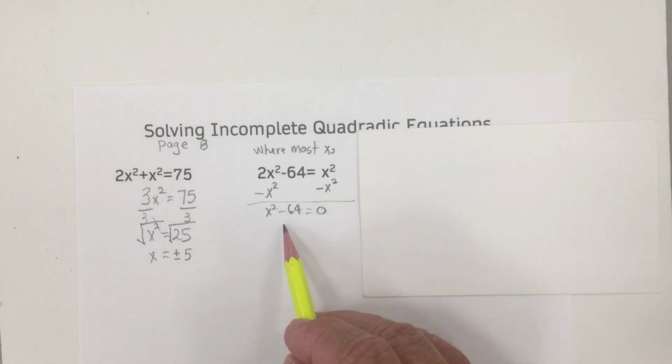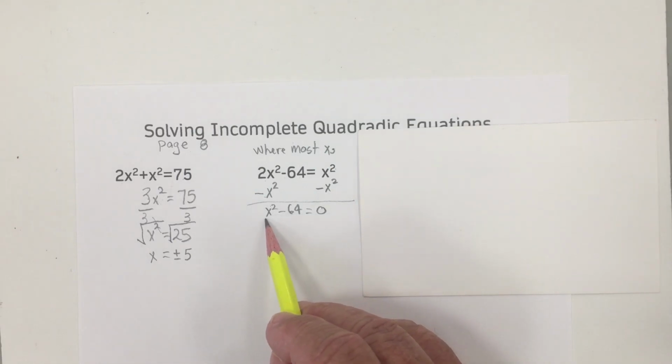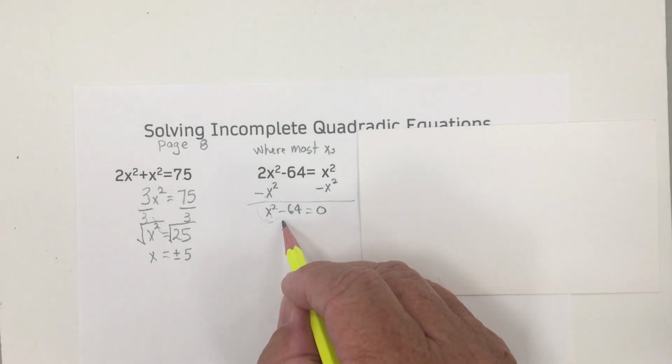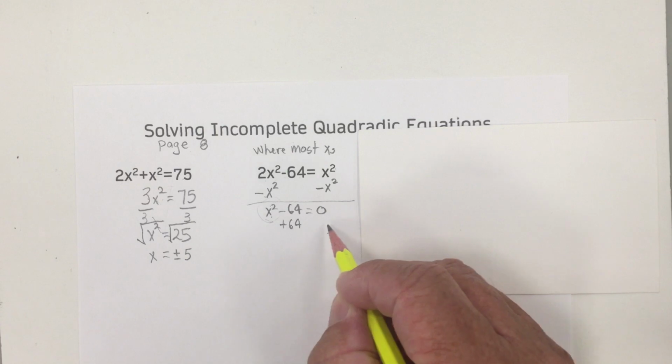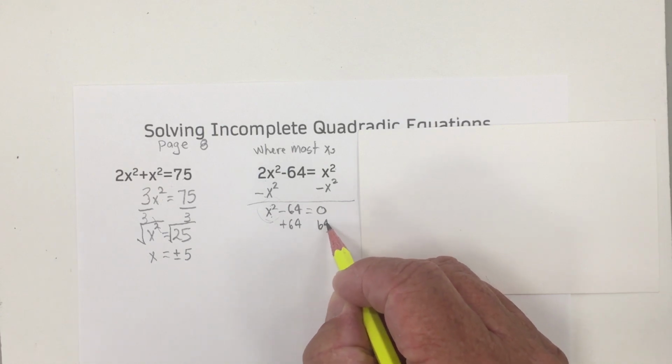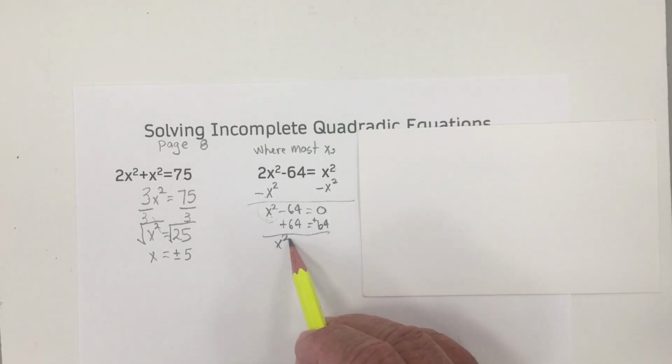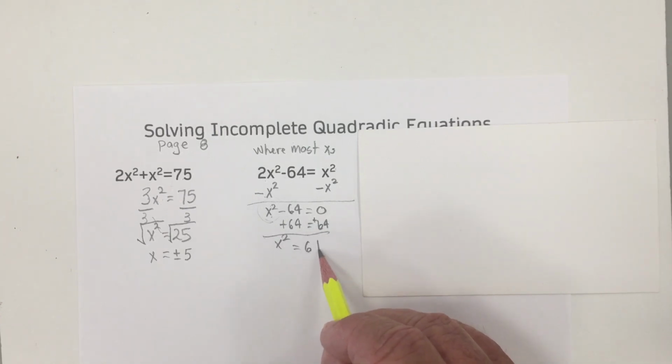We're working through it. So now we've got to isolate the x, just like we're isolating the variable. Get it by itself. We have to get rid of this guy. I know you guys remember this from before. What we do on one side, we got to do on the other side. And then so we have x squared equals 64.